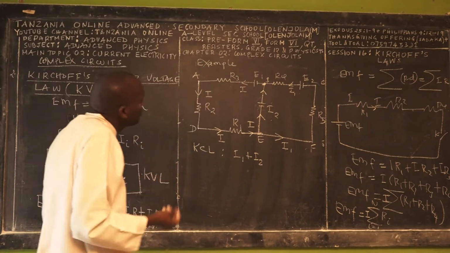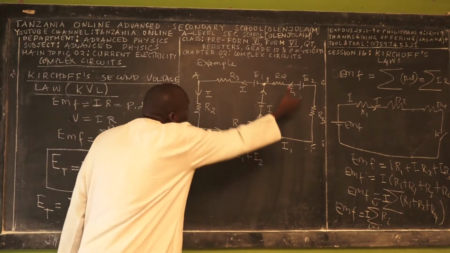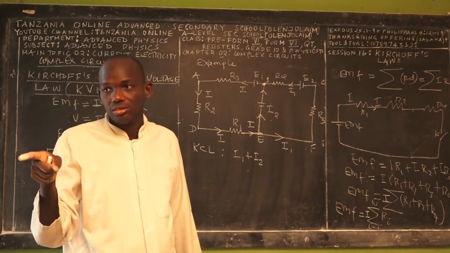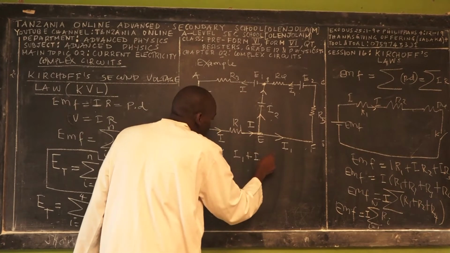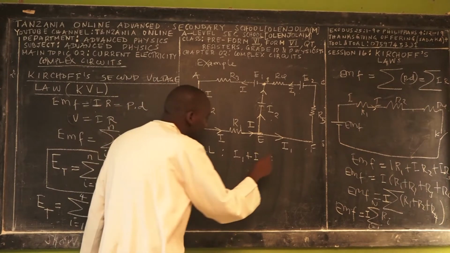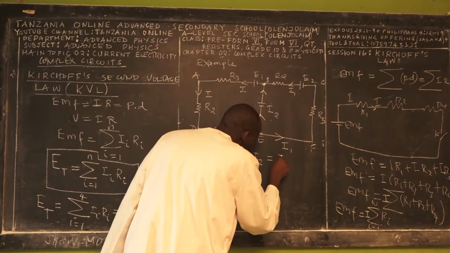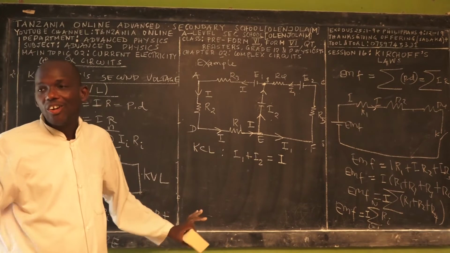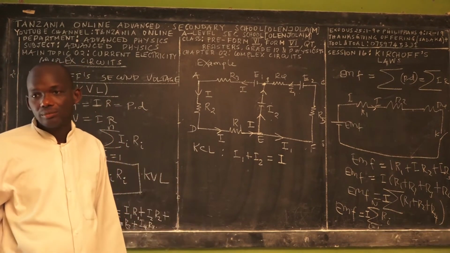So according to Kirchoff's first current law, the algebraic sum of the currents flowing toward the junction should be equal to the algebraic sum of the currents leaving the junction, which is I. So this is what we call the Kirchoff's current law equation. Very important equation. And this talks only about current. There's no potential, no voltage, no electromotive force here.